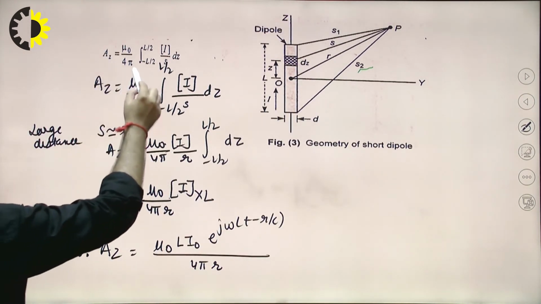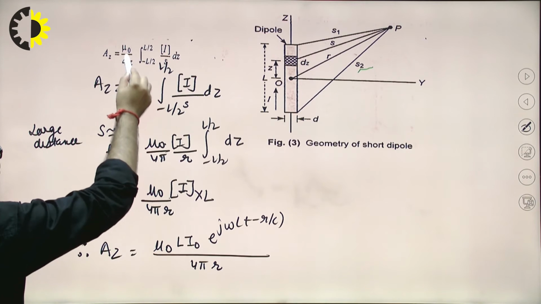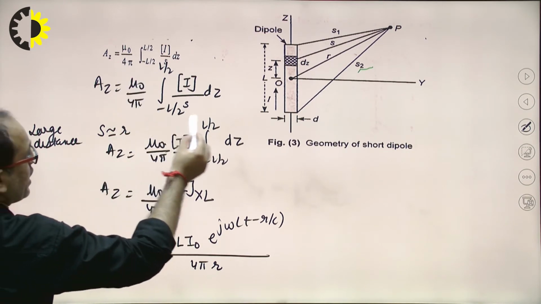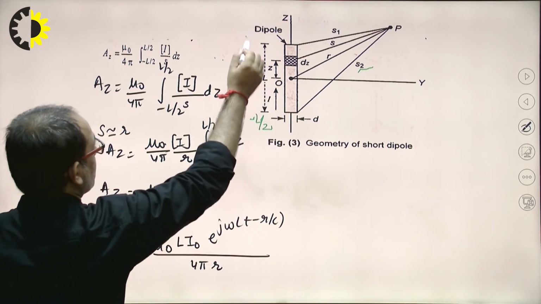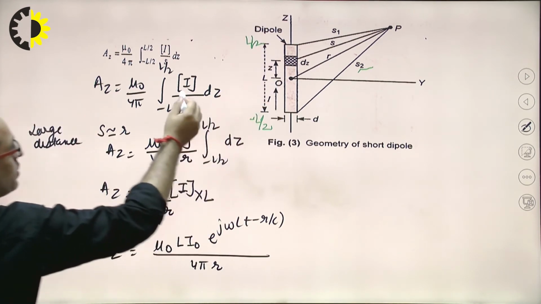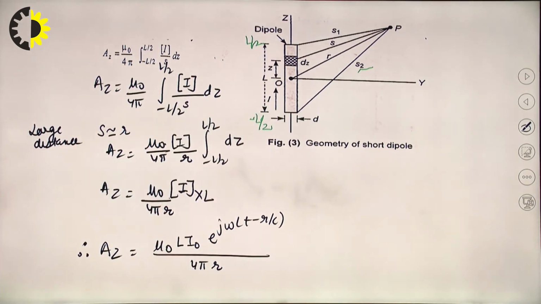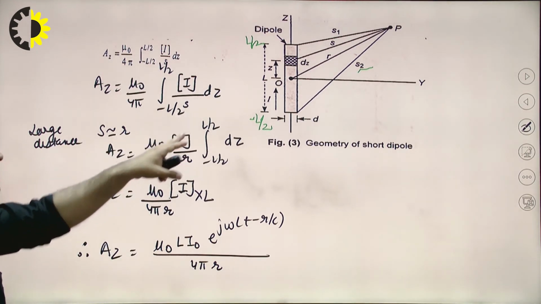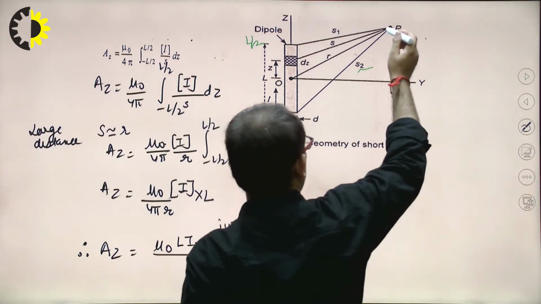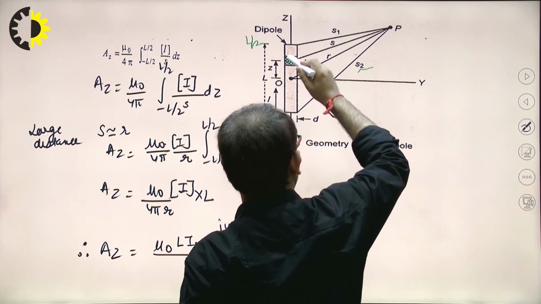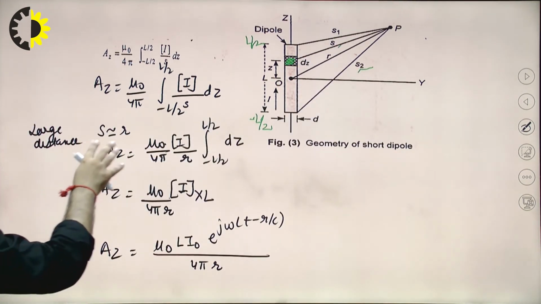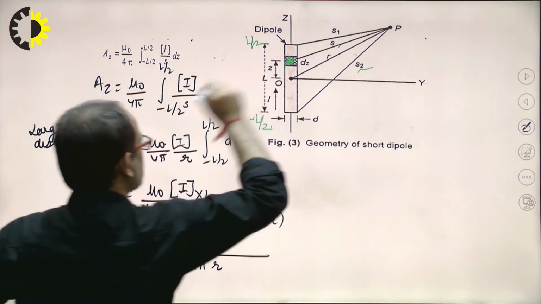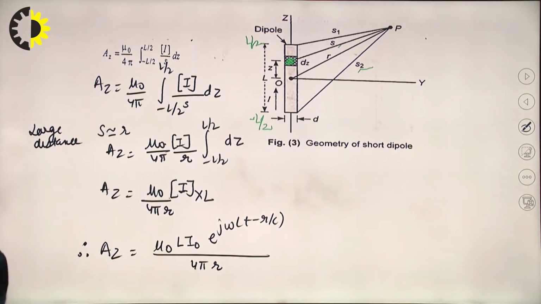So Az will be equal to mu naught upon 4 pi, integral from minus L by 2 to L by 2 of I dz divided by S at point P. For larger distance, S can be equal to r.